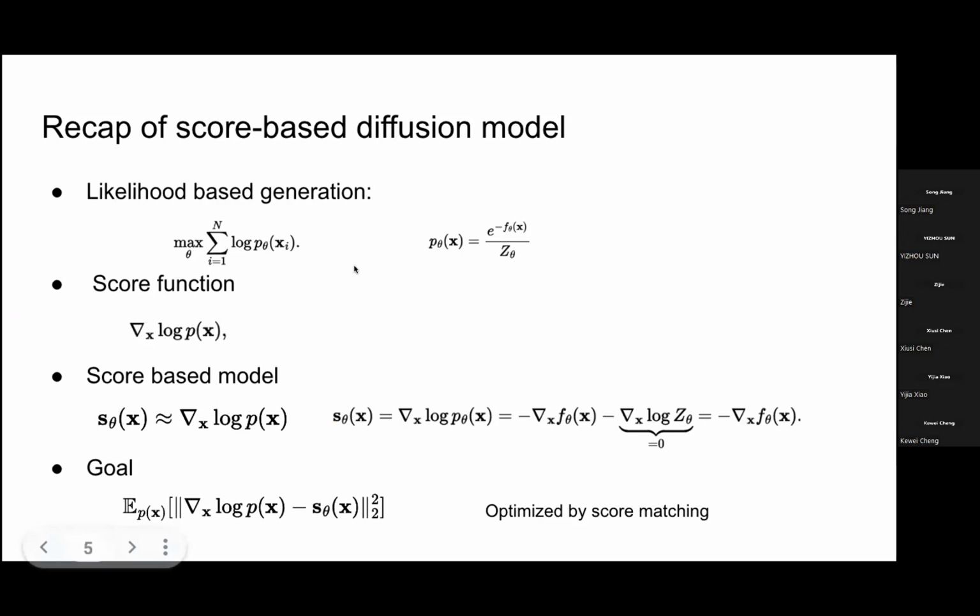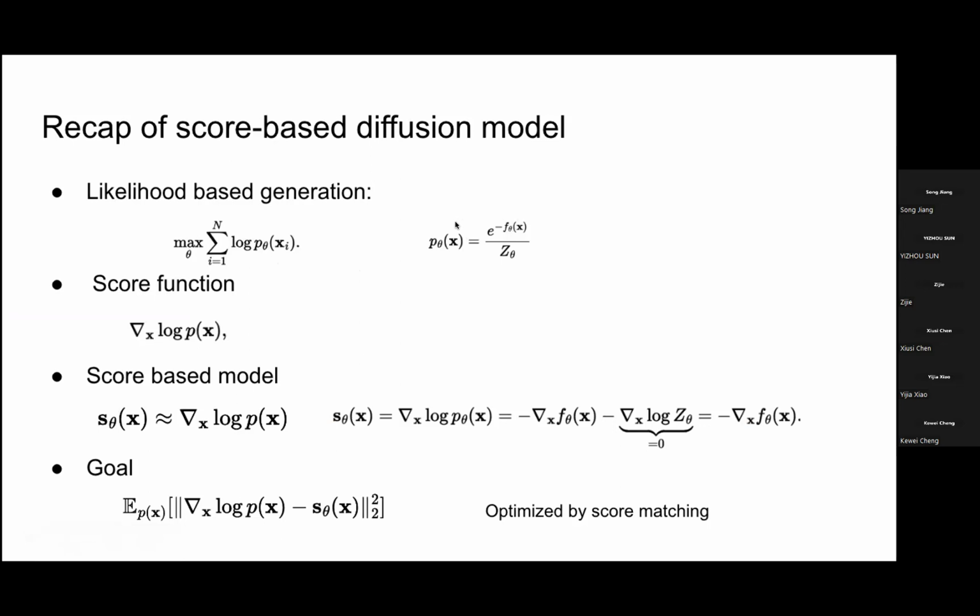Okay, but before the diffusion model, when people did generation, they basically modeled the likelihood, which is the marginal probability of the data set or the image. And actually, we are trying to maximize this likelihood to make a model that can generate images similar to the data set.